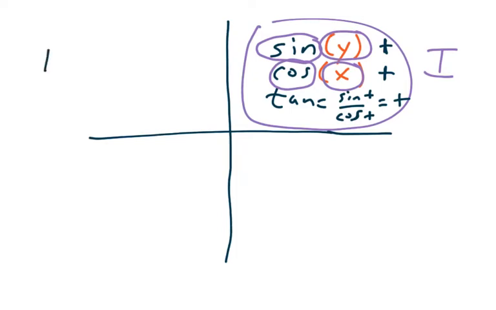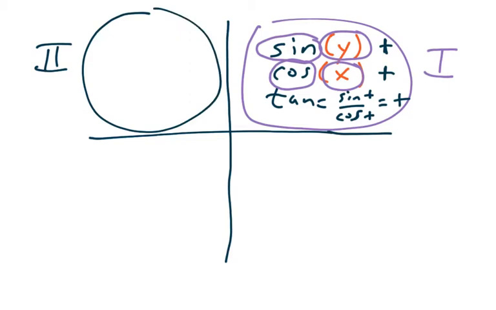In quadrant 2 over here, I know my y coordinate is still positive. I'm still going up to get there, right? So I know sine is positive, but because I had to go left, cosine, remember cosine goes with x, sine goes with y, so if the x is negative, because I went left, I know cosine is negative.